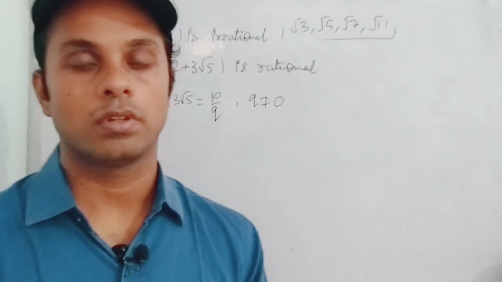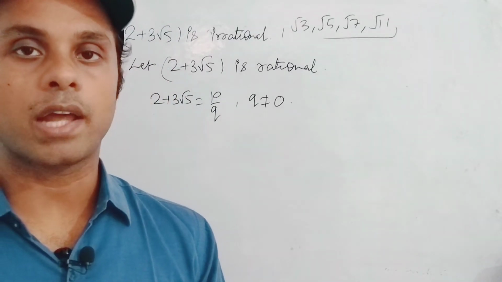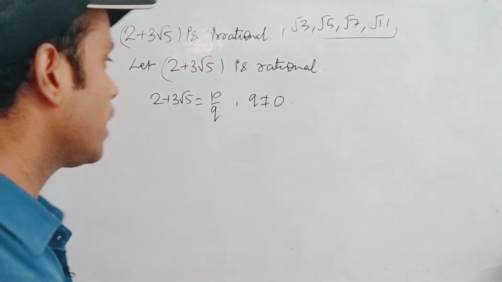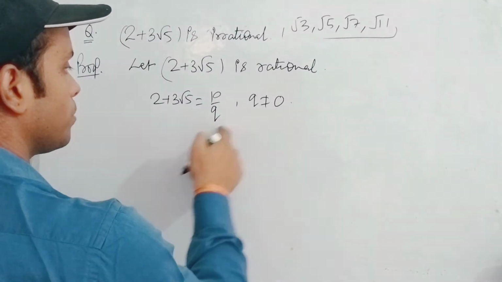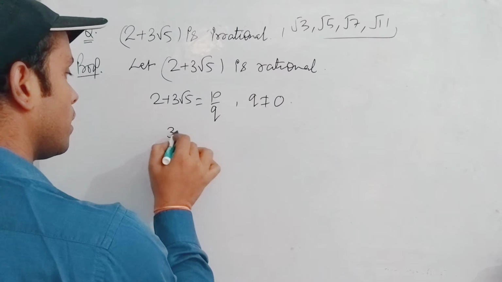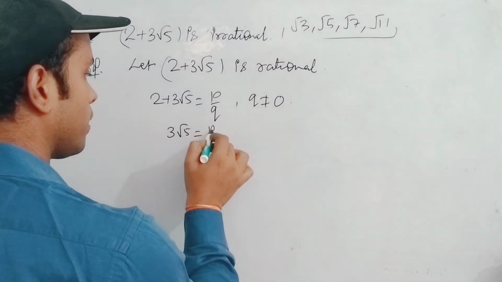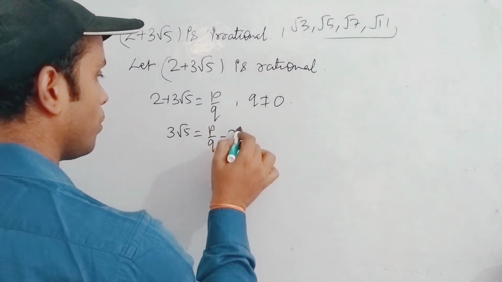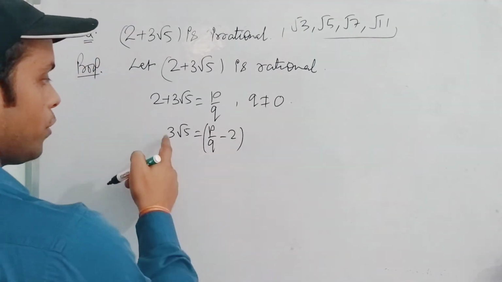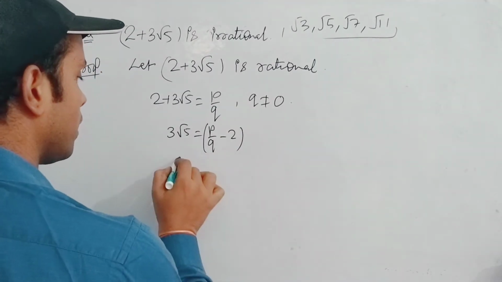Now what to do? You find a separate value of root 5 here. How? We can shift other numbers to the right hand side. So we obtain 3 root 5 equals p by q minus 2. Now you shift 3 to the right hand side.